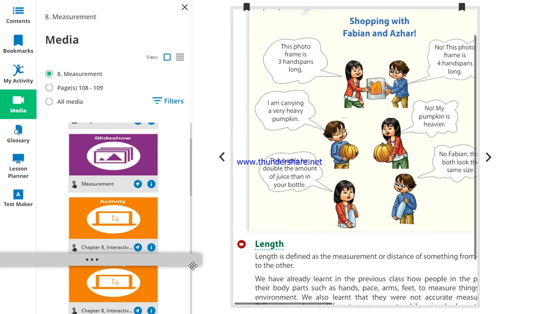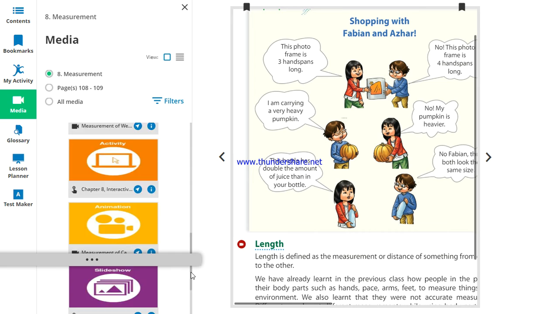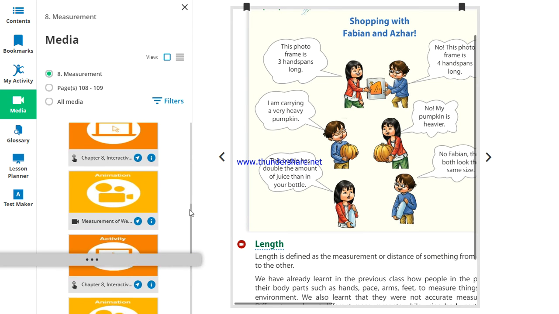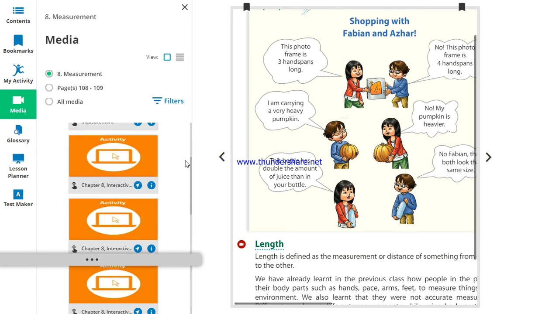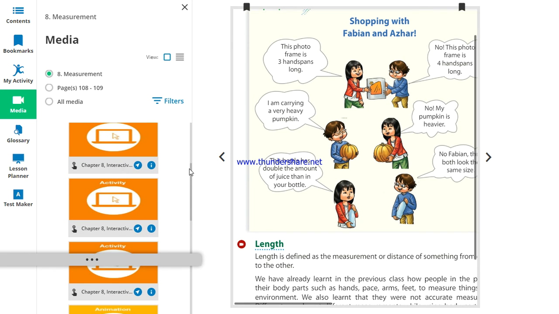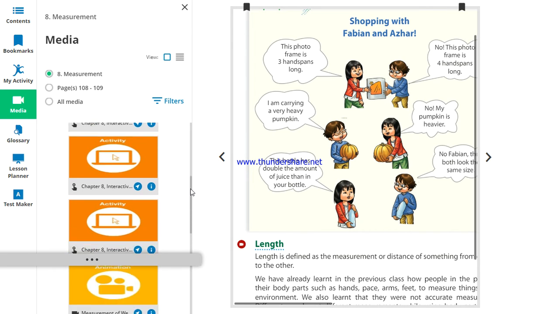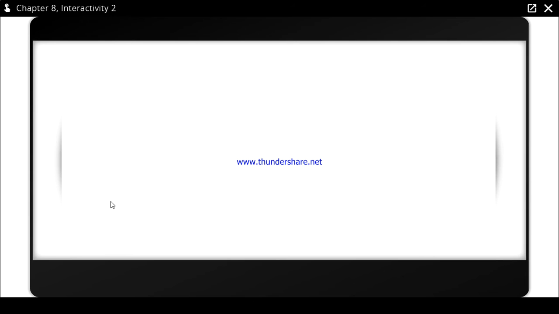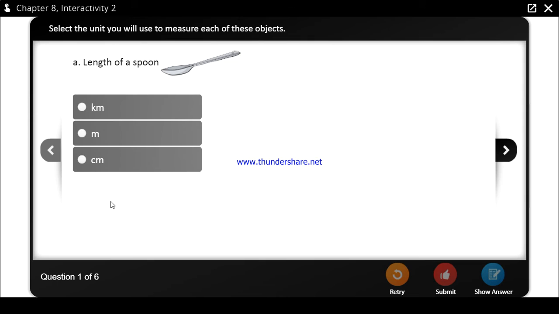The next one, my practice time 3. Select the unit you will use to measure each of these objects.